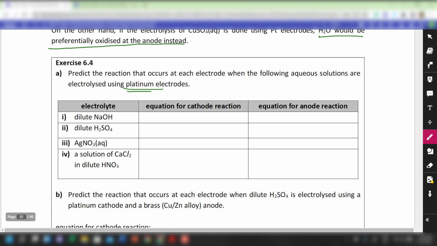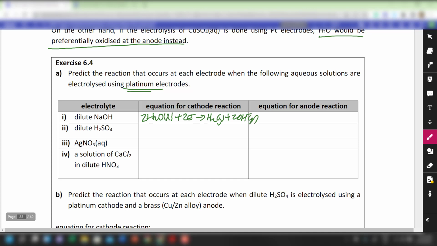At the cathode, Na+ will not be reduced, so we are writing the same thing: 2H2O(l) + 2e- gives H2(g) + 2OH-(aq).